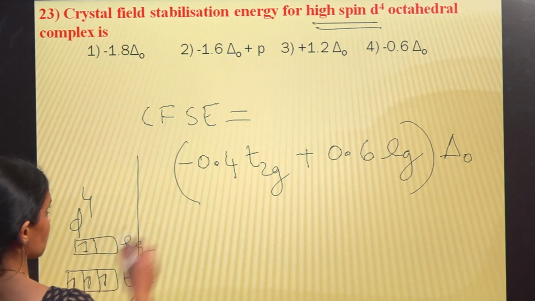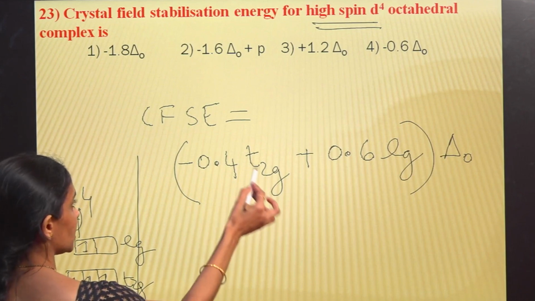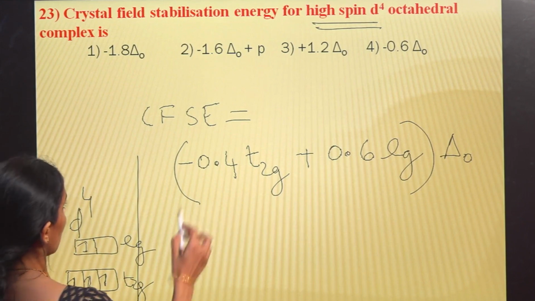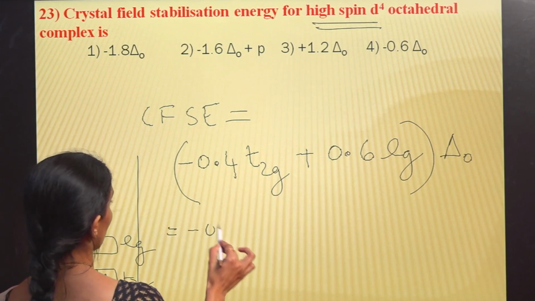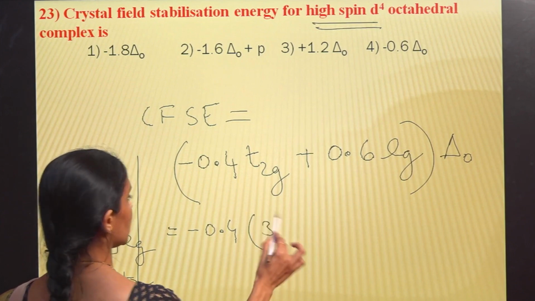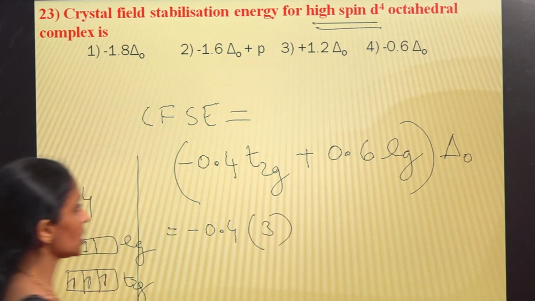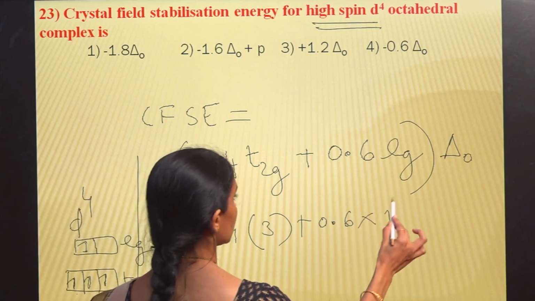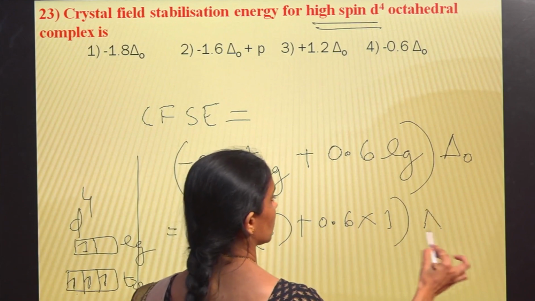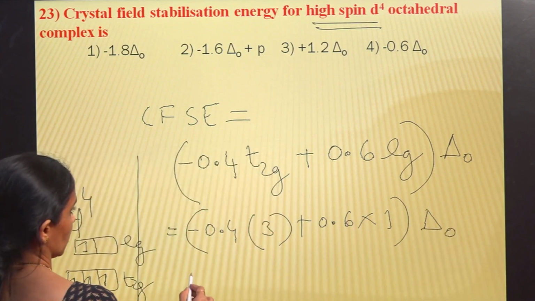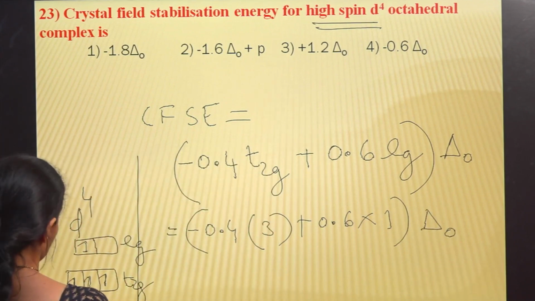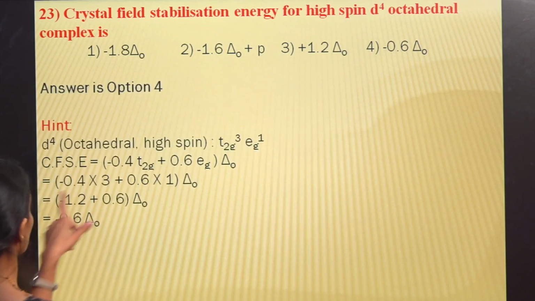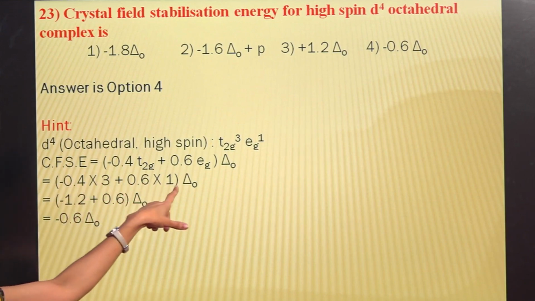Now if you substitute in the formula, what happens? Actually here T2G stands for the number of electrons in T2G. So if I substitute, it becomes minus 0.4 into 3, is it not? There are 3 in T2G, plus 0.6 into 1 in Eg, delta O. So minus 0.4 into 3 plus 0.6 into 1.